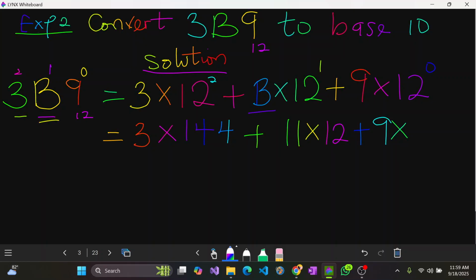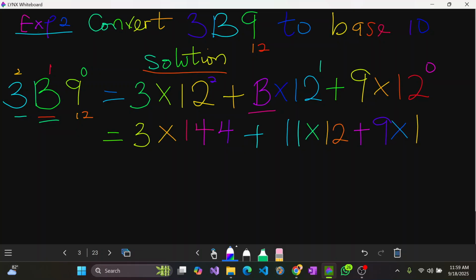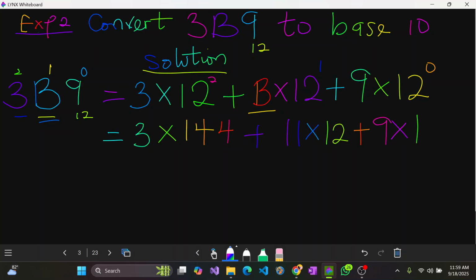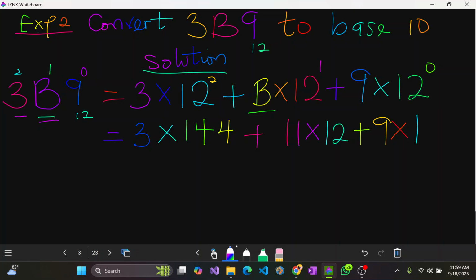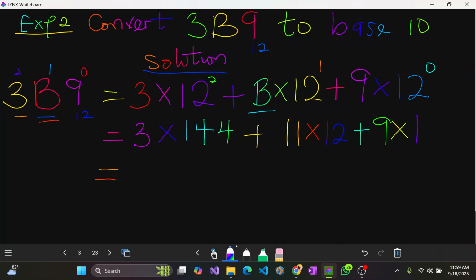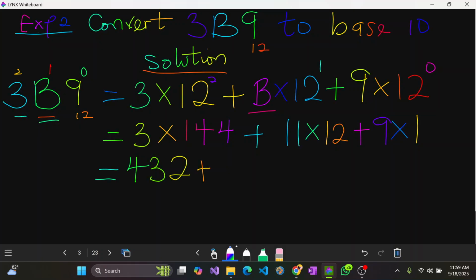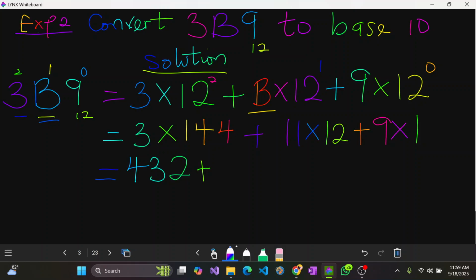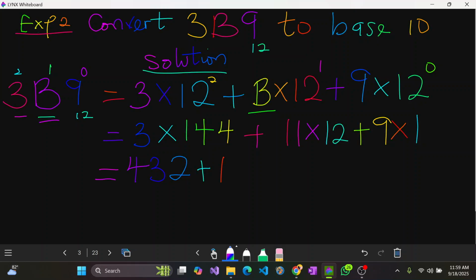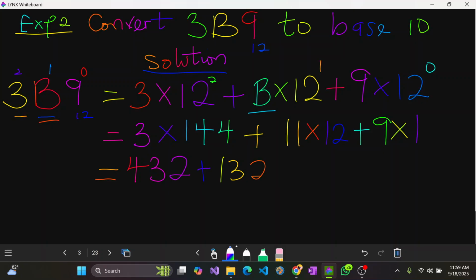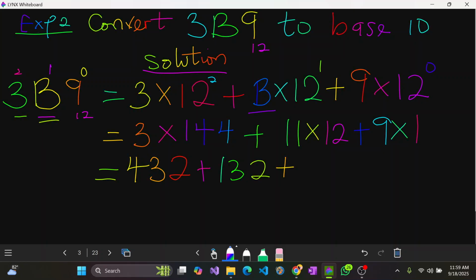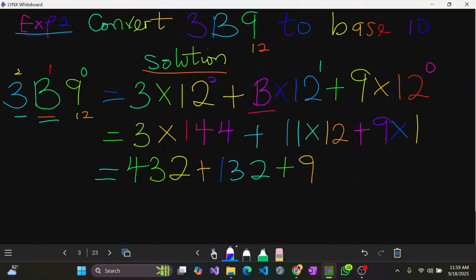So 9 times 1. In this case, we have 3 times 144, which gives us 432. So we have 432 plus 11 times 12, which is 132, then plus 9 times 1, which remains 9.